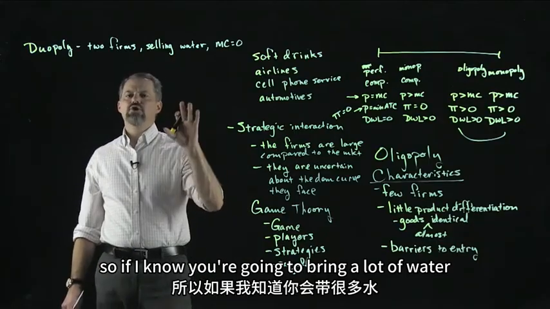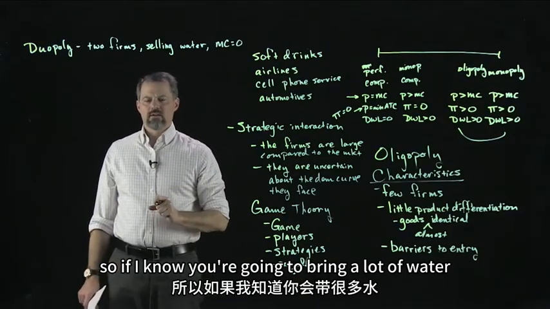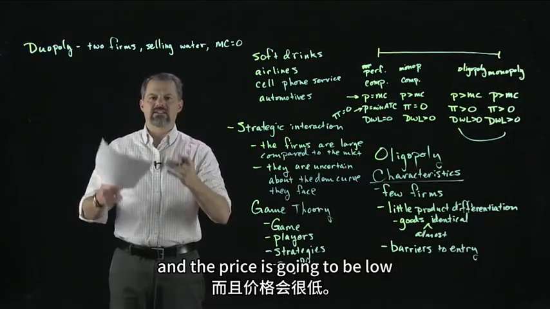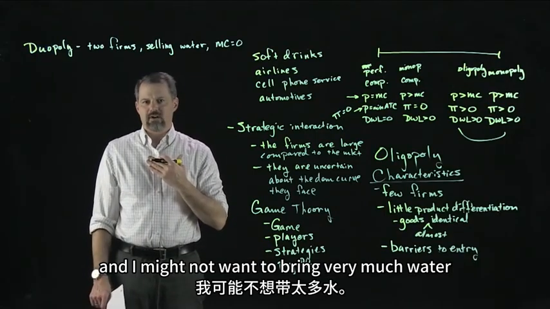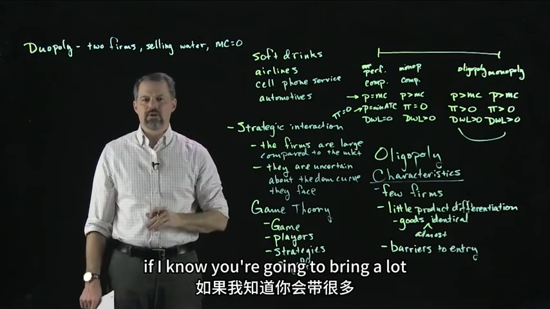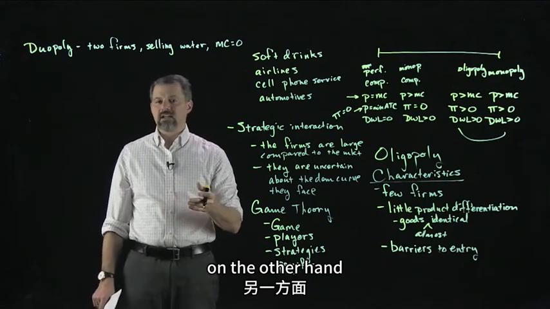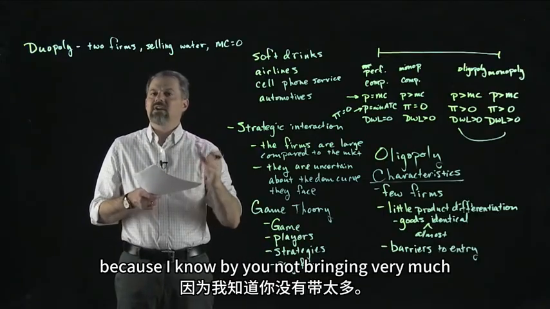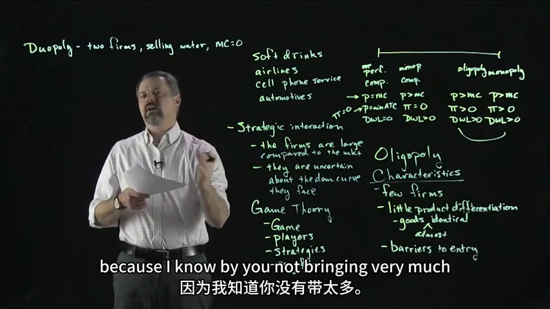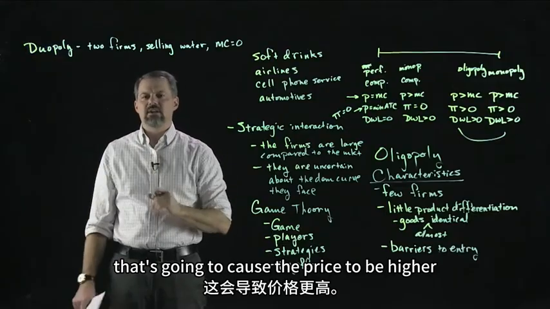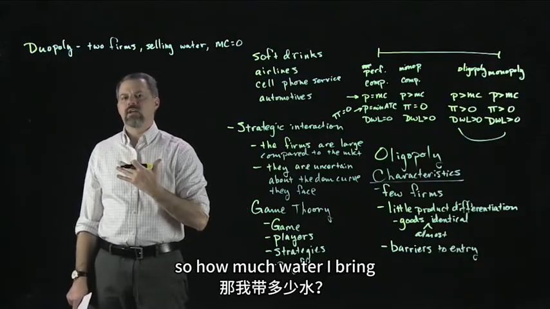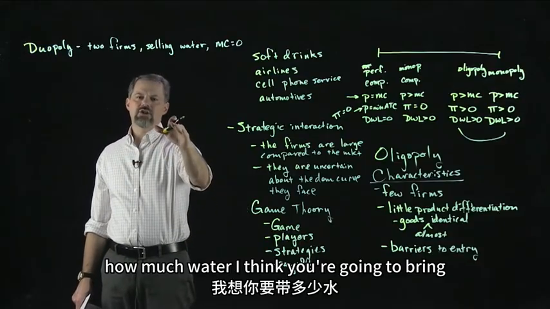So if I know you're going to bring a lot of water, then I know the supply of water is going to be high that day and the price is going to be low, and I might not want to bring very much water if I know you're going to bring a lot. On the other hand, if I know you're not going to bring very much, I might want to bring a lot because I know by you not bringing very much, all other things equal, that's going to cause the price to be higher. So how much water I bring depends on how much water I think you're going to bring.